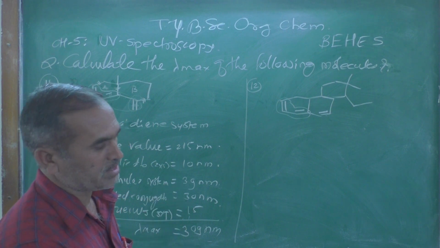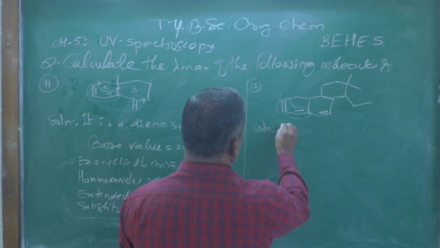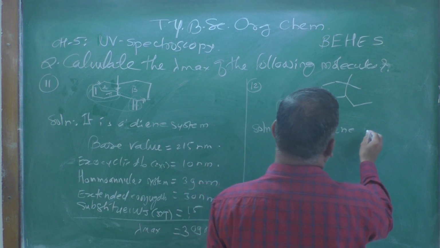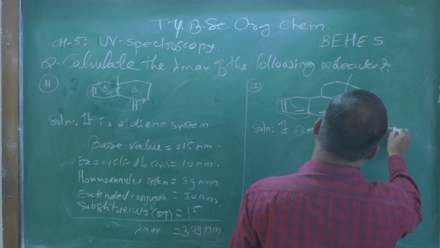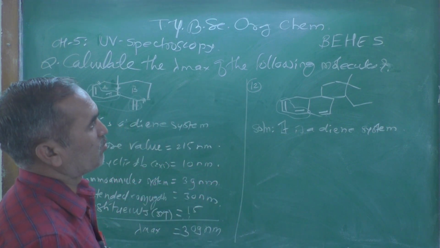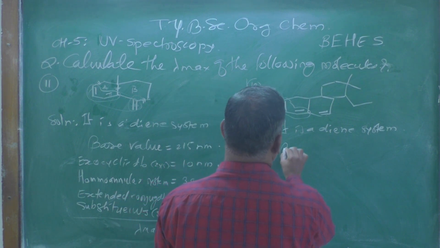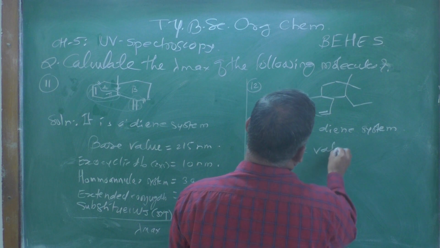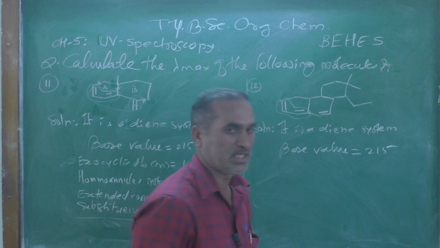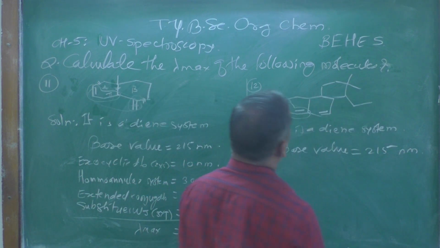So this is a diene system, and while solving the problem you can write it down. Once it is a diene system, we know the base value for the diene system, only one is there. So the base value for this diene system is 215 nanometer, which is a fixed value.